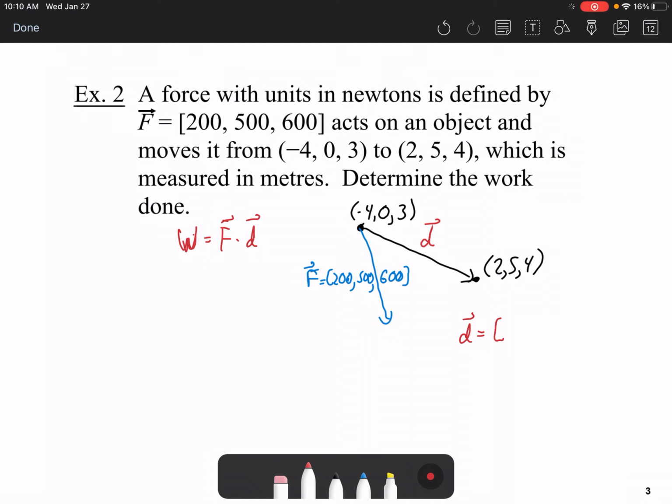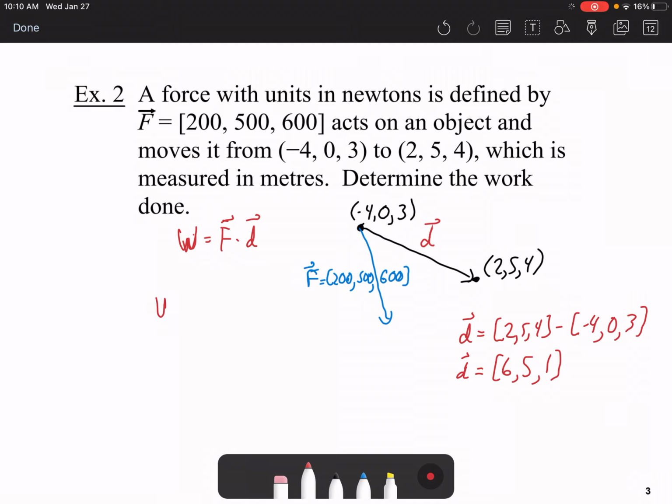That's just going from negative 4, 0, 3 to 2, 5, 4, or 2, 5, 4 minus negative 4, 0, and 3. So my distance vector actually turns out to be 6, 5, and 1.